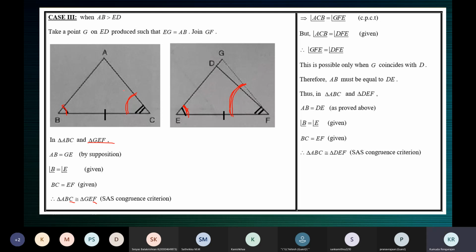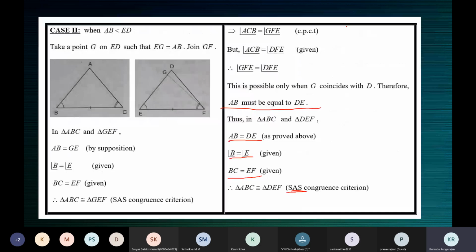So by CPCTC we have angle ACB equal to angle GFE. But what is given to us?